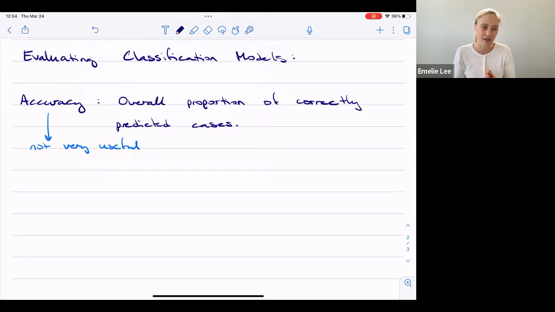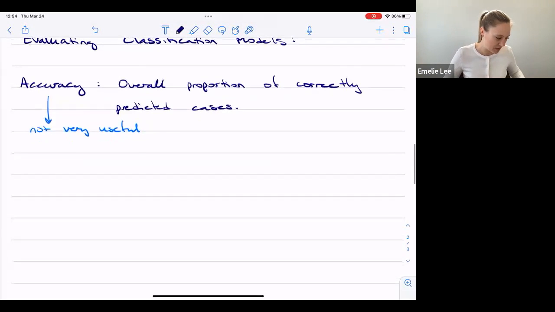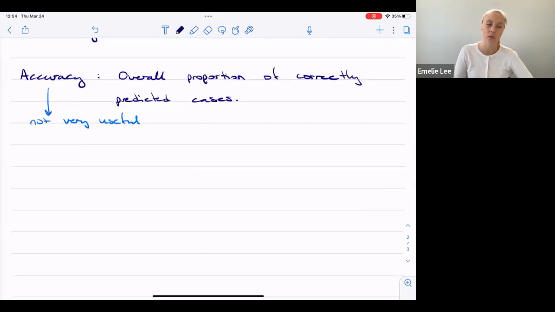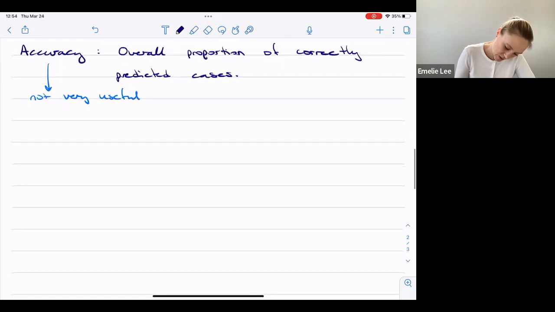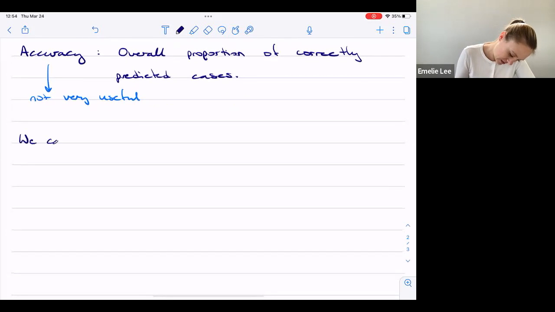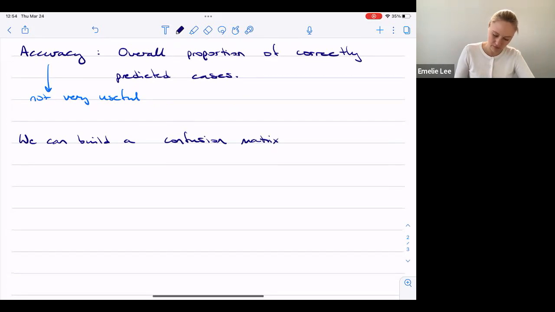some better measures of evaluating these models. It all hinges on what we call a confusion matrix. So we can build a confusion matrix to separate our correctly predicted cases from the misclassified cases.